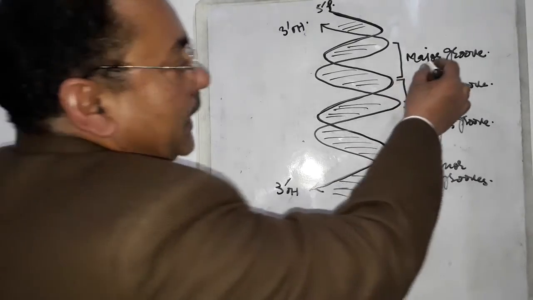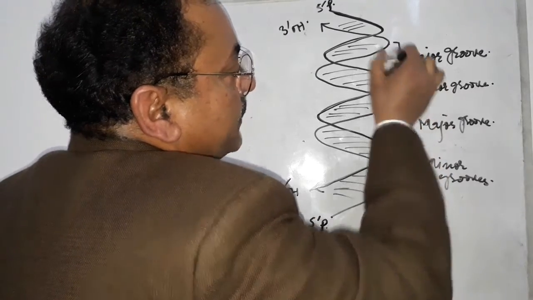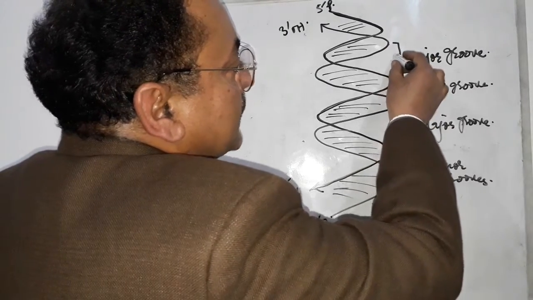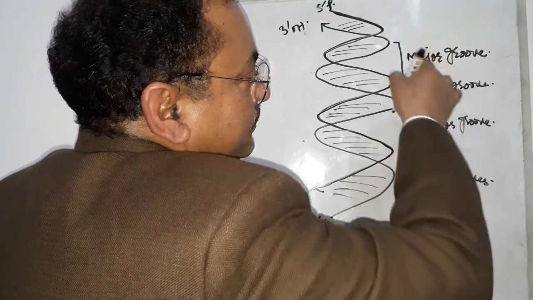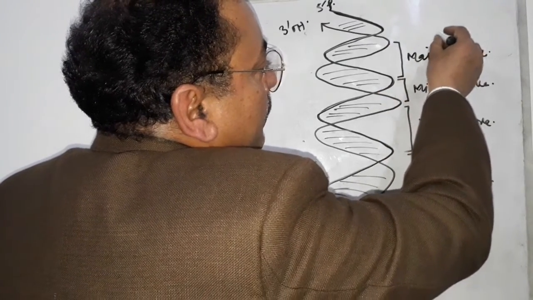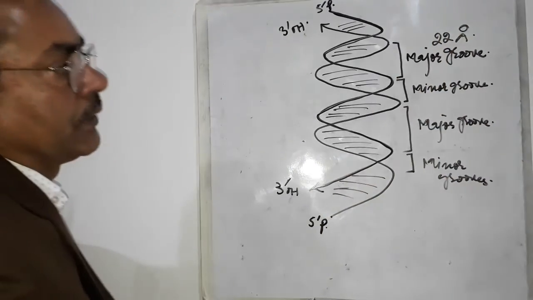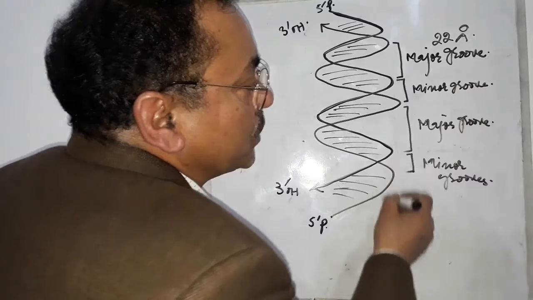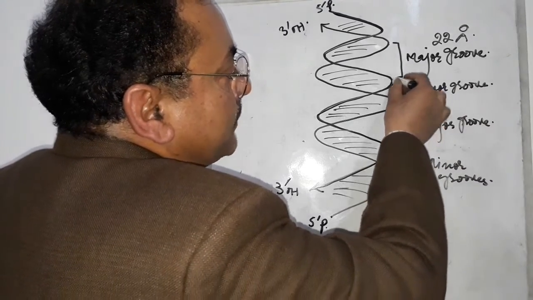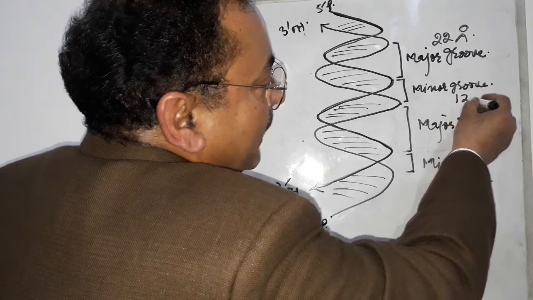Now if you see a major groove from this to this position, it has a length. This major groove has a length of 22 angstroms. And then there is minor groove. It has a length from here to here. It has a length of 12 angstroms.